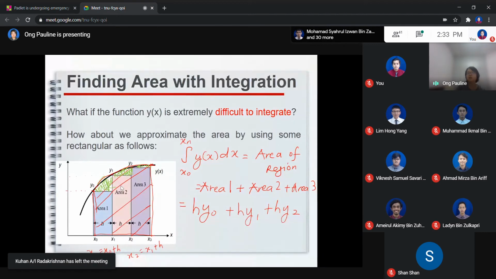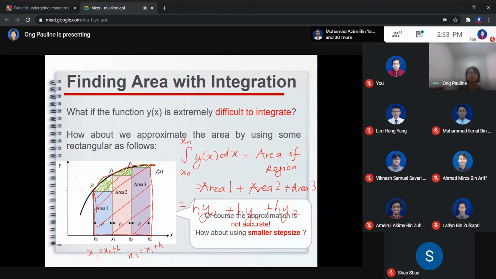This means that the approximation is not that accurate, because the more area we can cover, the better the accuracy. So one of the possible solutions is to use a smaller step size.